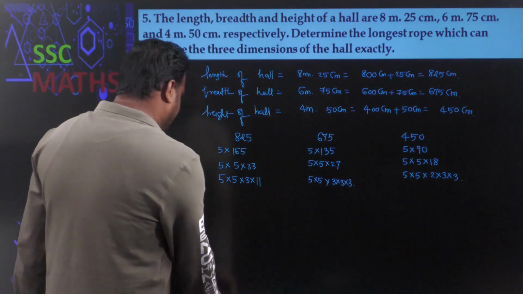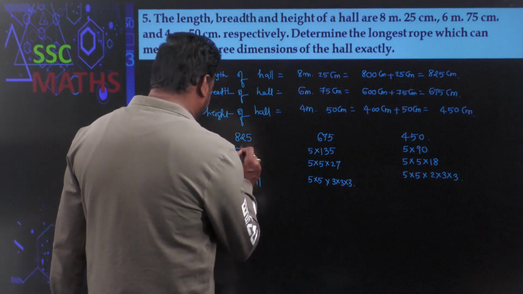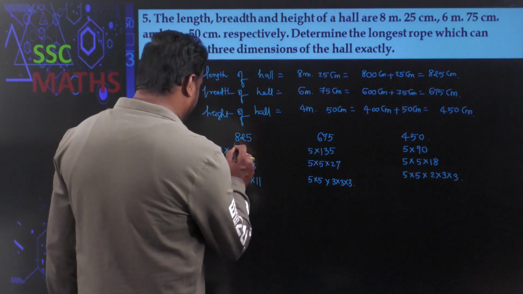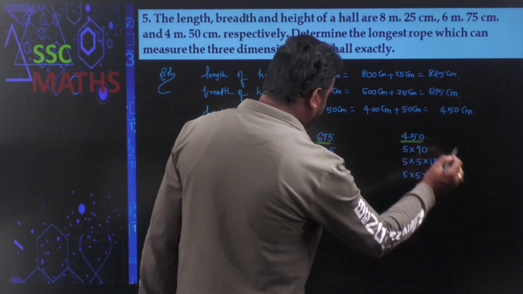Now we have the prime factorizations of the three numbers: 825, 675 and 450.